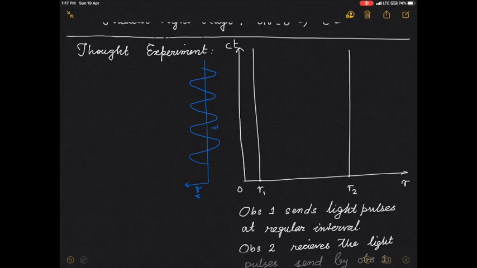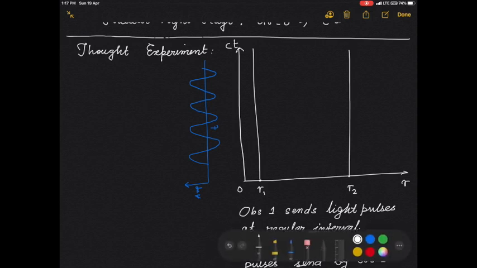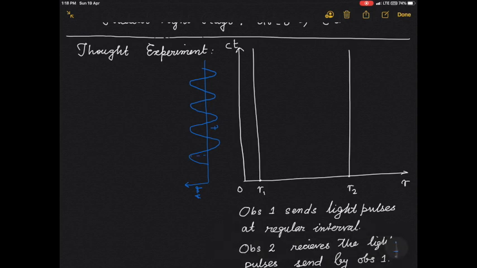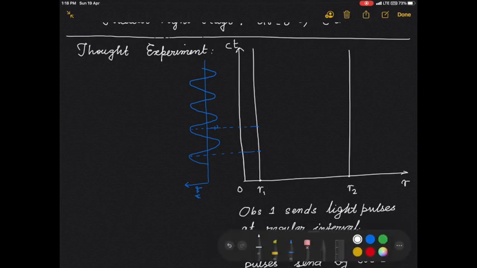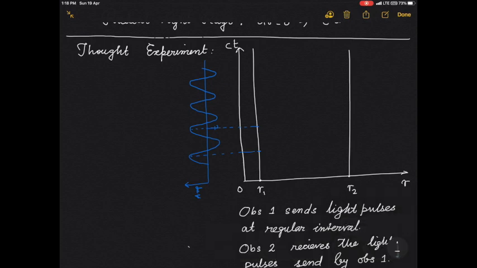Say, for example, the first light pulse was sent by observer 1 at this time. I say it is a continuous thing, but I am only looking at the highest amplitude ones, and the second one was sent at this time. Okay, so let's look at the first light pulse.